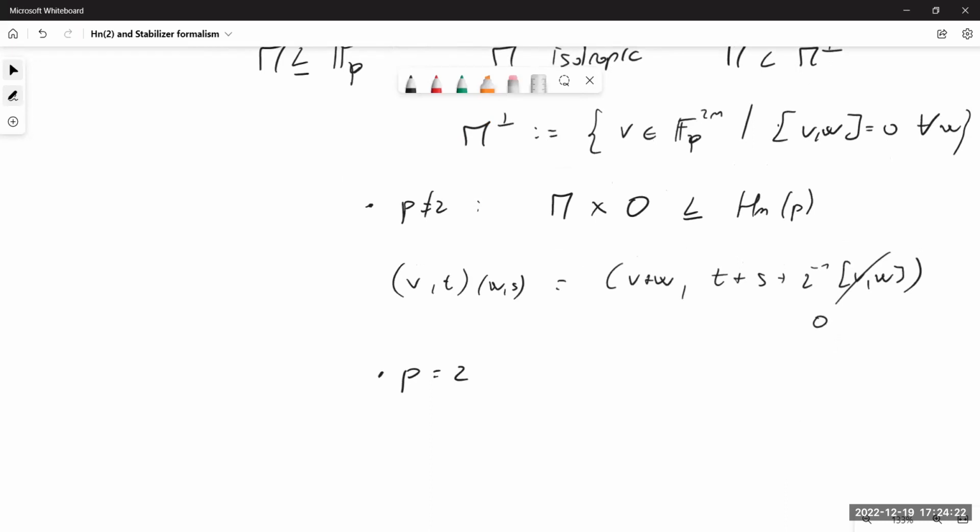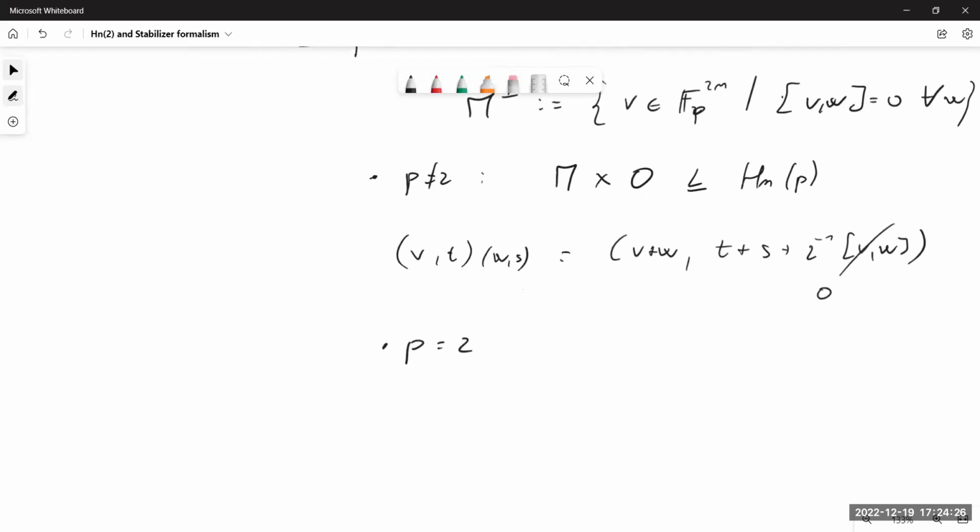But there are a couple of things that we can do in that case, and basically the idea is that beta vanishes modulo 2 on M. Why?